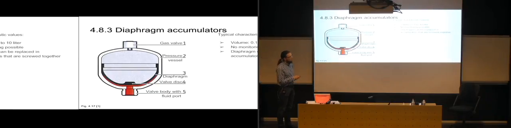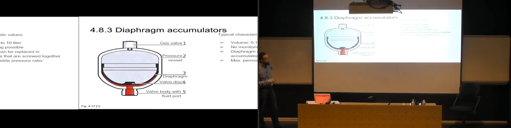And the diaphragm can be replaced if the accumulator has been screwed together. So if the pressure vessel consists of two parts that are screwed together somehow, then you can exchange the diaphragm. But some of these pressure vessels will be welded together, and then you can't exchange it at all.